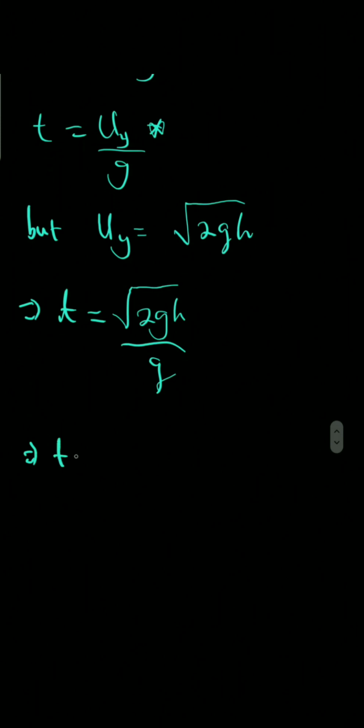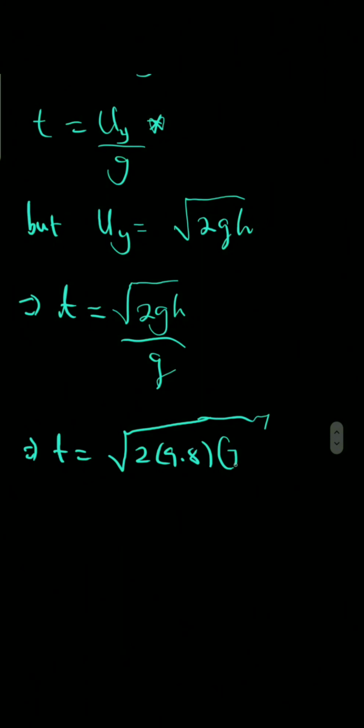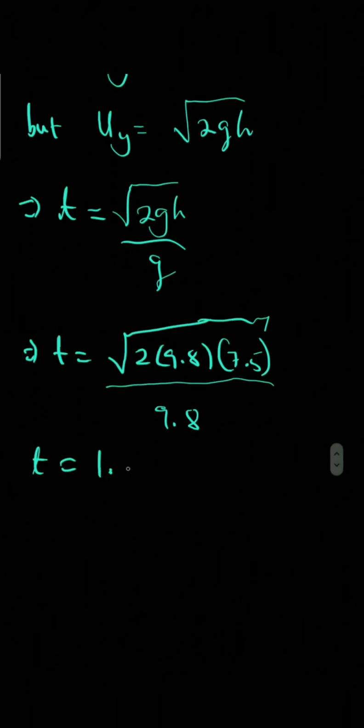Now what we'll do is simply replace the values to find the time taken to reach the highest point. So it will be 2 times 9.8 times 7.5, that is under the root, then everything divided by 9.8. Upon doing everything, our t will be equal to 1.237 seconds.